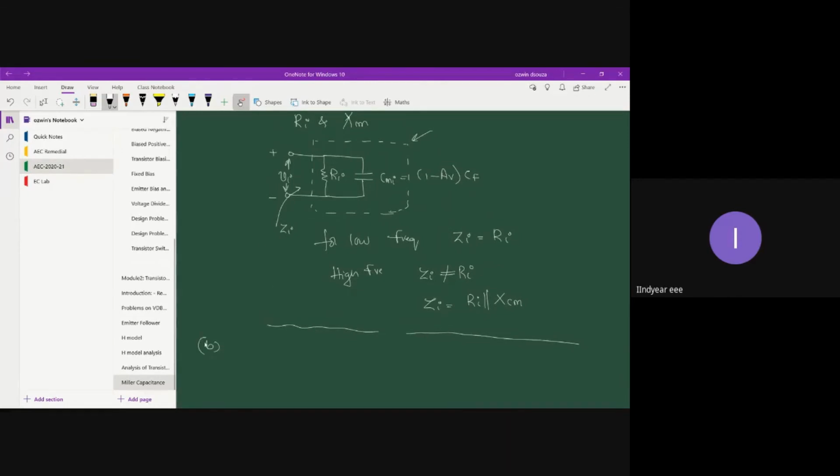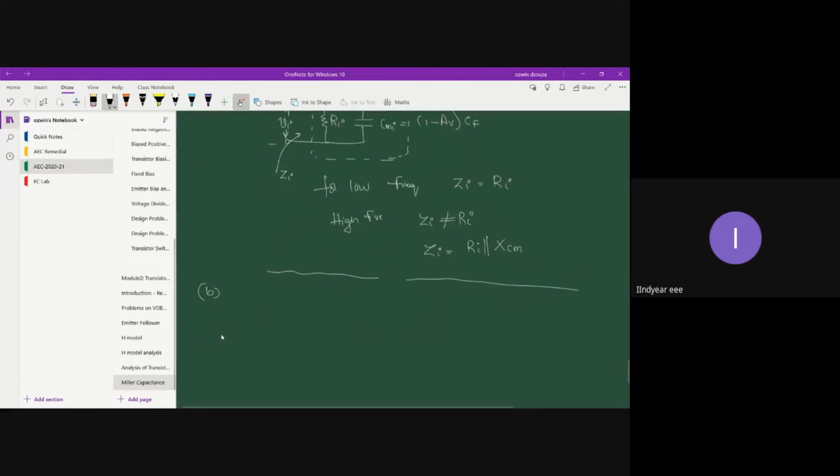Now, what we did so far was analyze the Miller effect capacitance from the input side, but this can also be observed from the output side. In the case of transistors, we won't be taking only single stages, right? We will be taking multi-stages also.